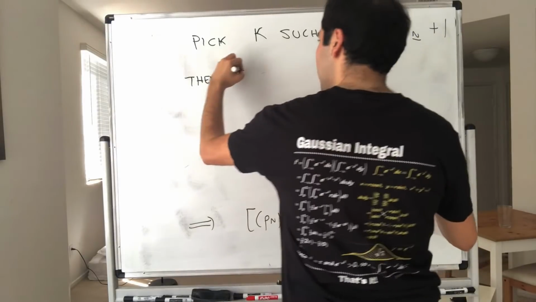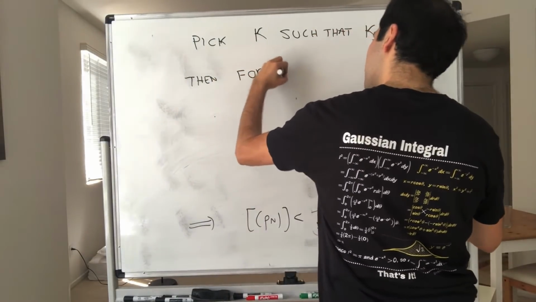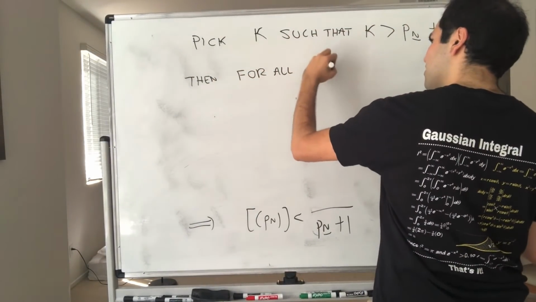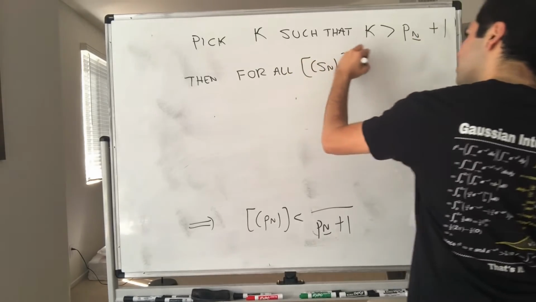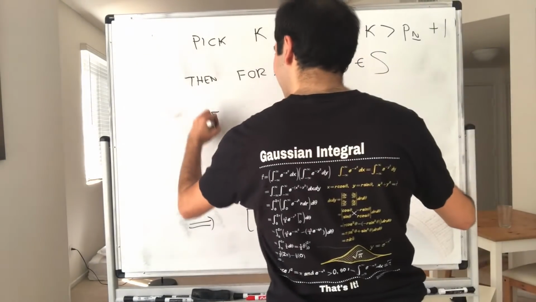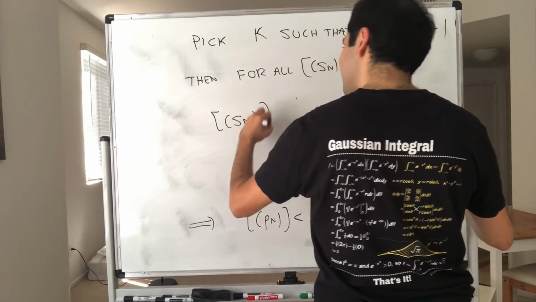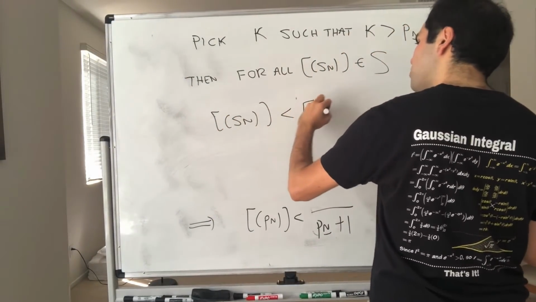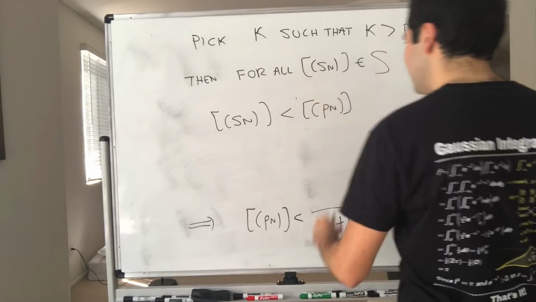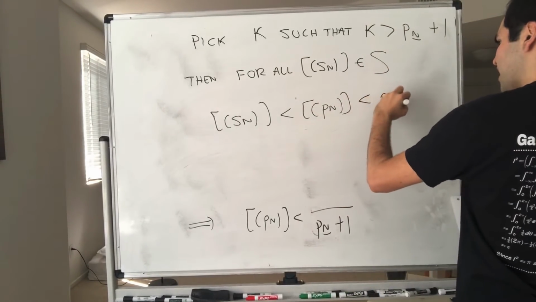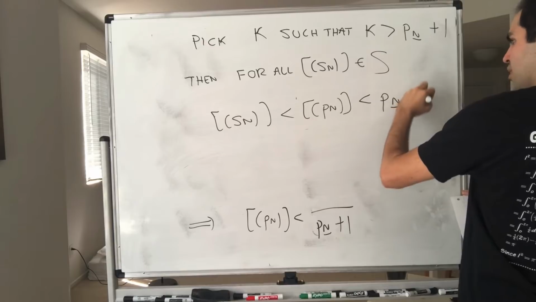And then, what do we know? For all Sn in S, what do we know? We know that Sn is less than Pn because Pn is an upper bound, but this is less than the constant sequence P capital N plus 1.